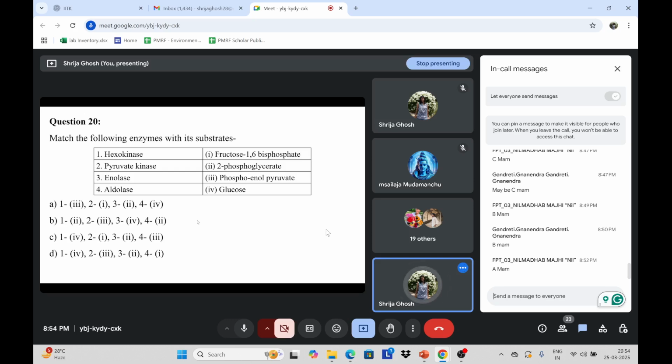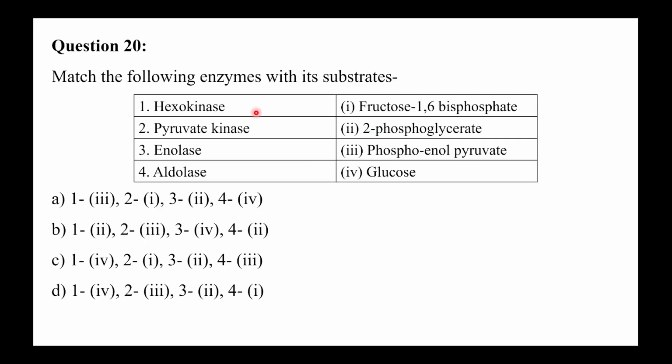I told you glycolysis starts with, it starts with glucose, right? So the substrate for hexokinase would be glucose, right? So if the substrate for hexokinase is glucose, that means 1, 4. We have two options here, C and D.